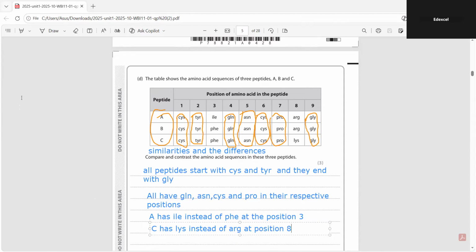As you can see in the table, there is ILE instead of PHE in A and also LYS instead of ARG in C. And you have to note down positions 3 and 8. They are the differences, and the above ones are the similarities. So that's all for the second part of the question.